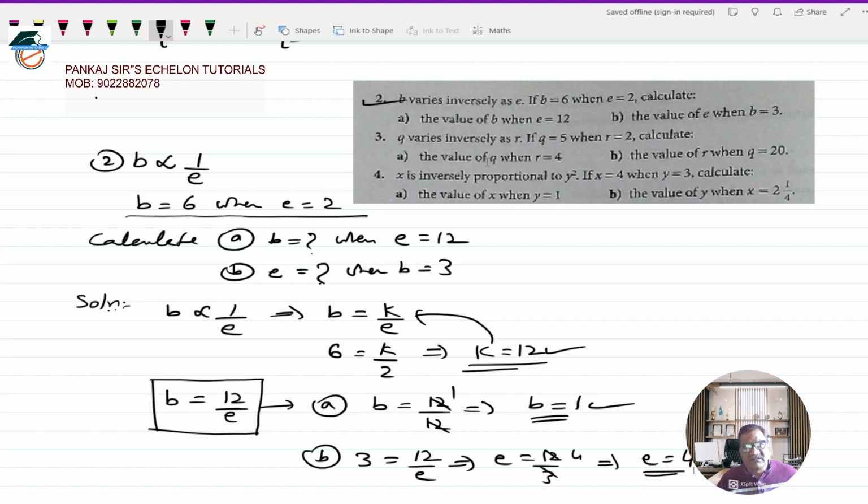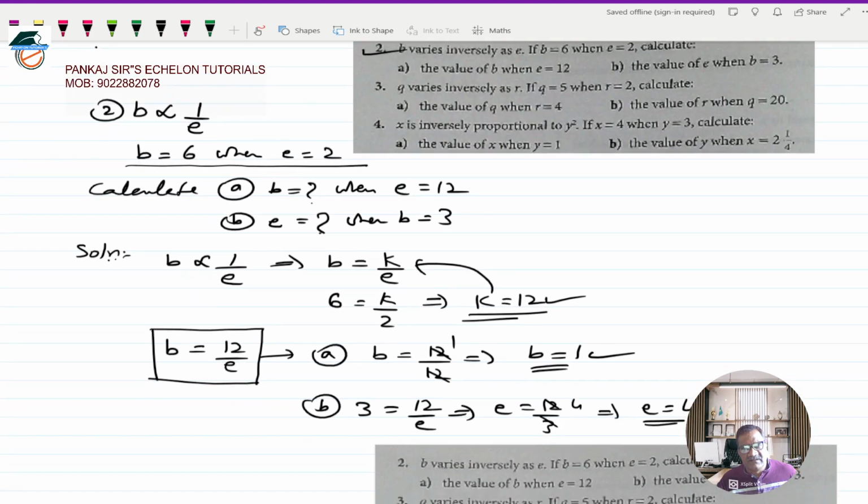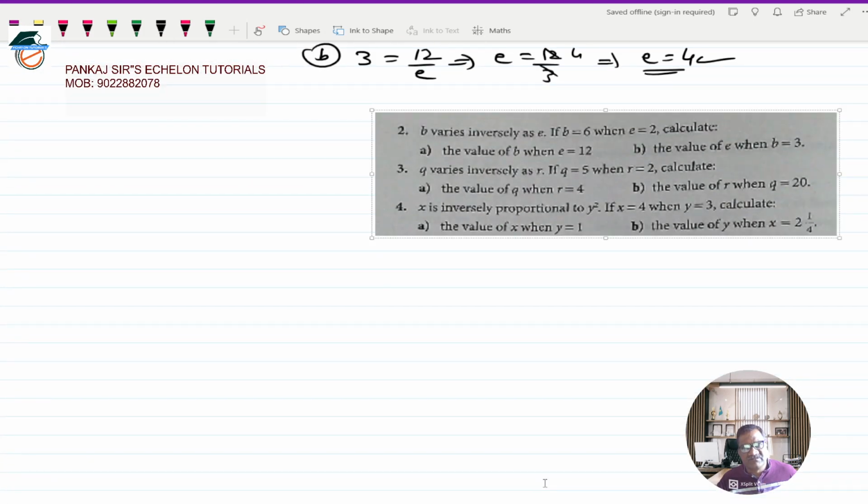Coming to question number 3. Question number 3, what it says, let us check. 3 says that q varies inversely as r. So let me write q varies inversely as r. And further he says that q is 5 when r is equal to 2.